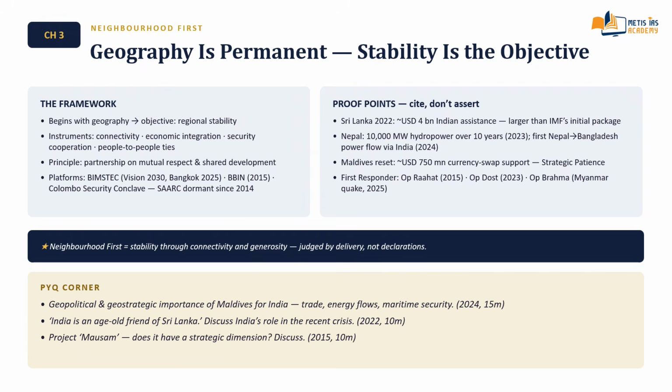It works with Japan on infrastructure, high-speed rail, and connectivity. It works with the European Union on trade, green technologies, and digital cooperation. And it works with the Gulf countries on energy, investment, food security, and logistics.